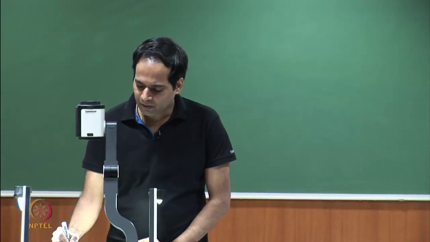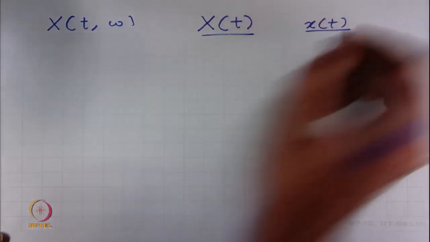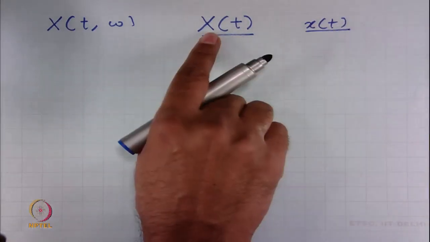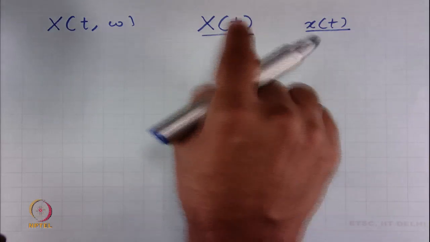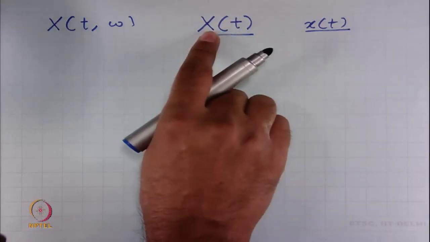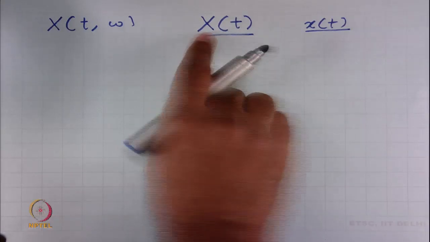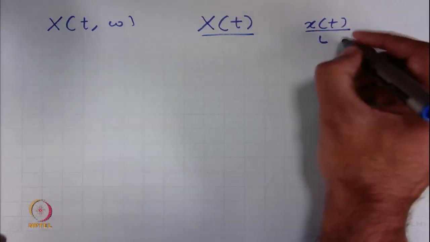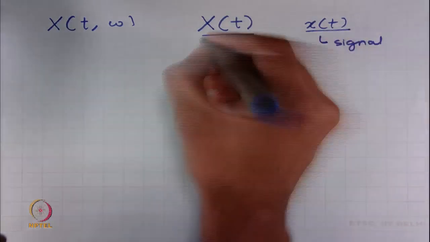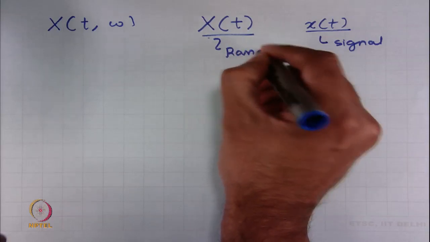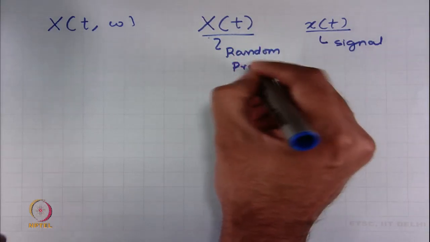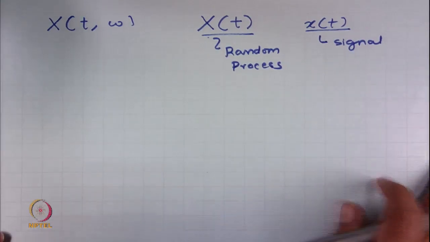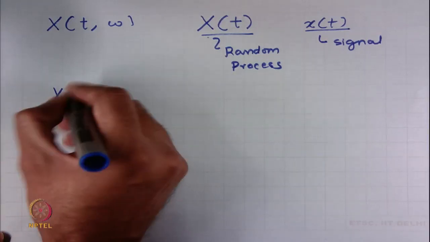Now, you might wonder that this is also a function of time, this is a signal and this is a random process. How do we differentiate between the two? The notation that we have used for the random process is a capital letter X, and for the signals we generally use a small letter x. So, this will tell me that this is a signal and this is a random process. Okay. So, let us keep our notation straight, and now what would be this X of t1?